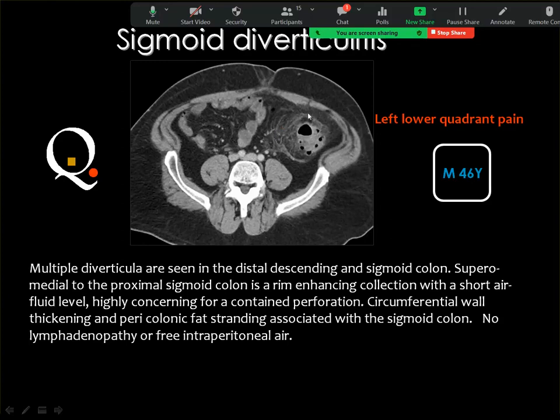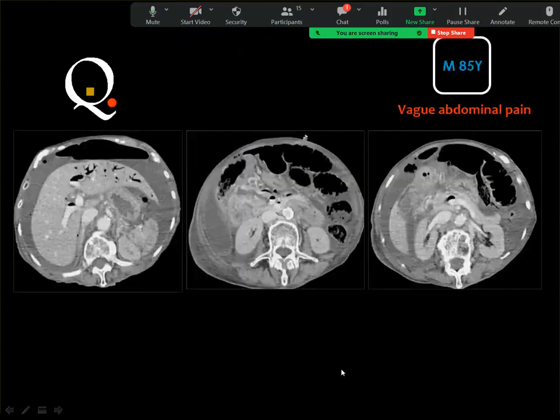Then you see a stranding of the pericolic fat planes, and you may see a bucket filled with air in the pericolic area, air fluid level representing a pericolic abscess. And sometimes if you reach the level of the bladder, you may see air inside the urinary bladder in some cases. Next case is a male 85 years old with vague abdominal pain.